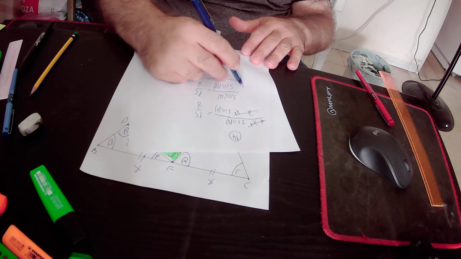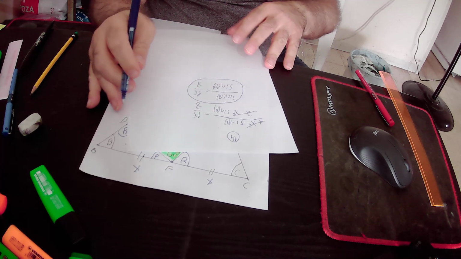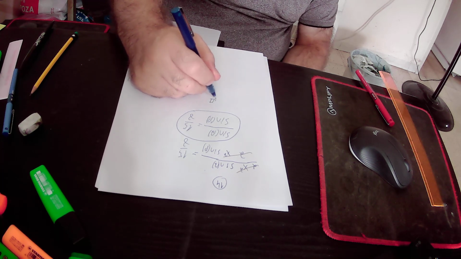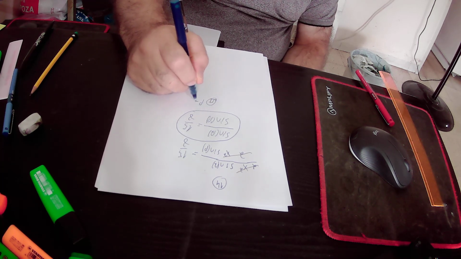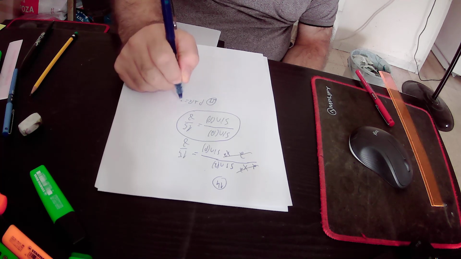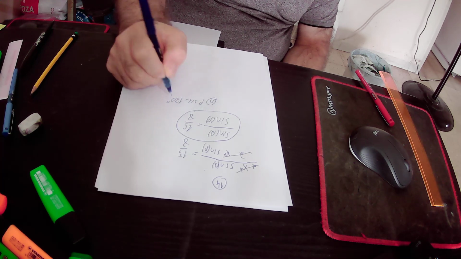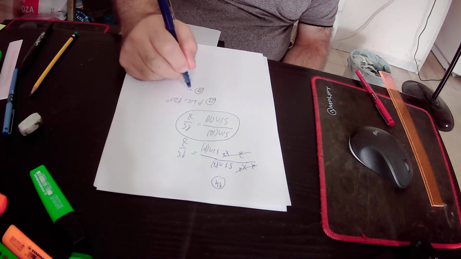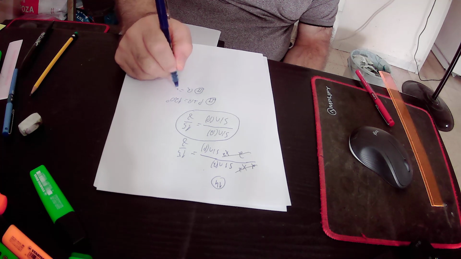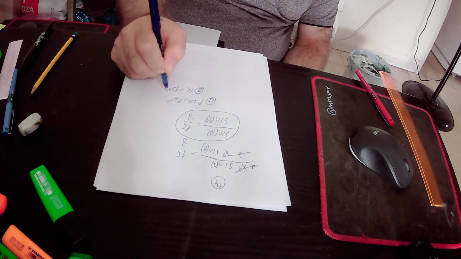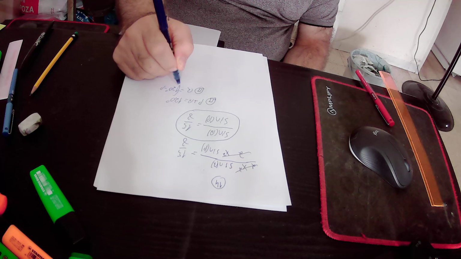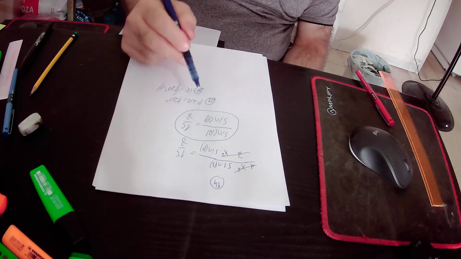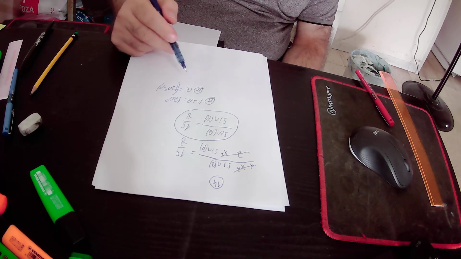Okay, but we have equation number 2, which states that p plus q equals 120 degrees. So from equation number 2, we know that q equals 120 degrees minus p. So we can substitute q in this equality by 120 degrees minus p.